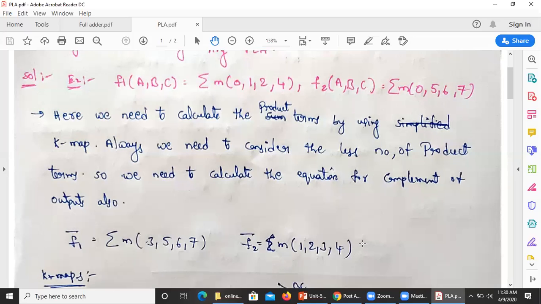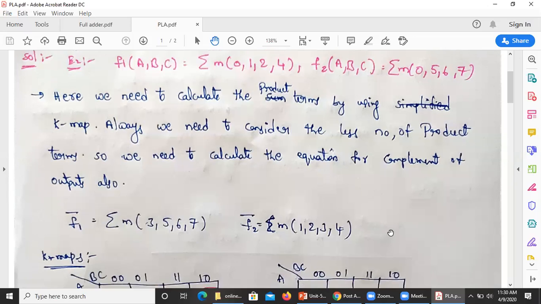Now we have the min term equations for F1, F2, F1 bar, and F2 bar. A PLA contains programmable logic, which means you can directly program it. So we have to reduce the number of terms and also the number of inputs.